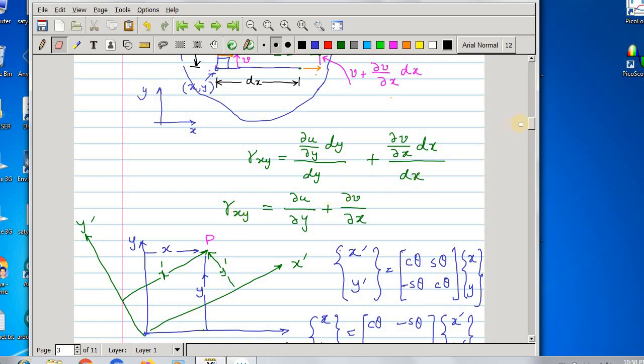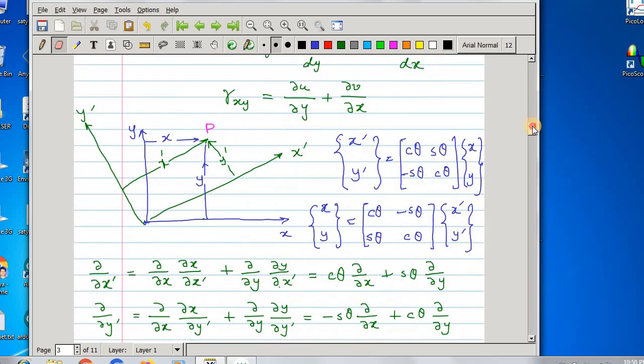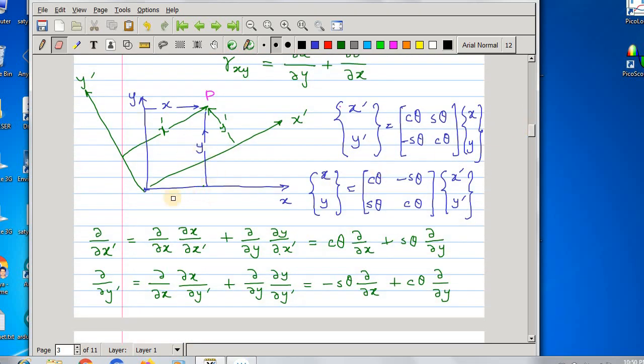So now we know the normal strain and shear strain. Now suppose this is one xy coordinate system and this is another x dash y dash coordinate system, with angle theta between them.